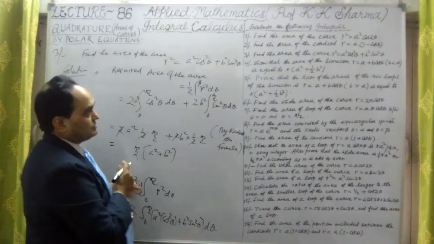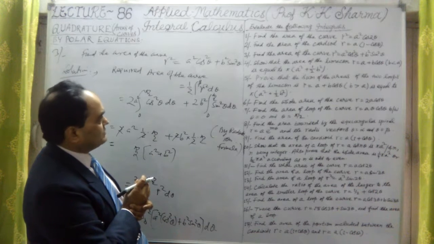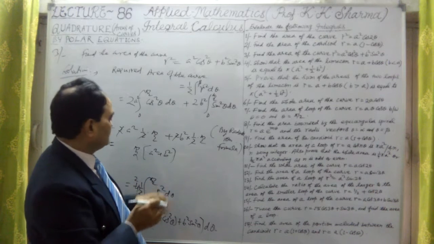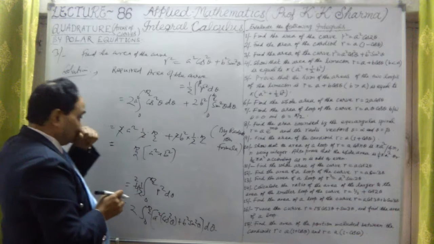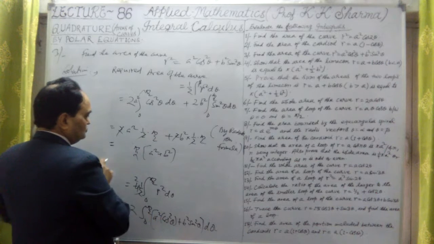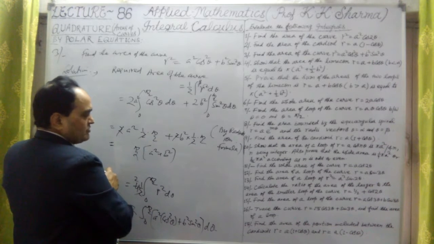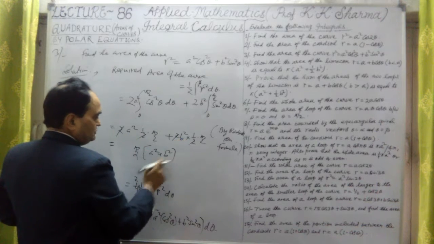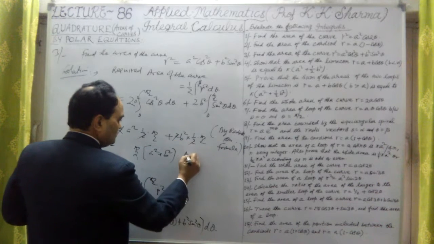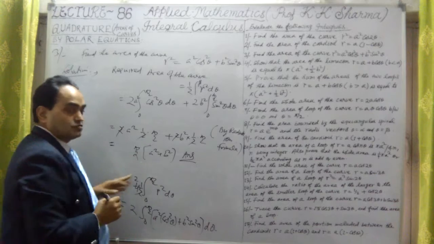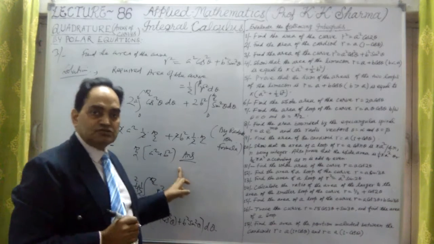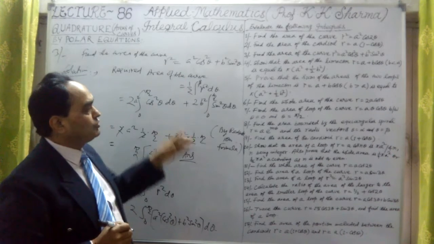So the required area of this whole curve is pi upon 2 into a square plus b square.